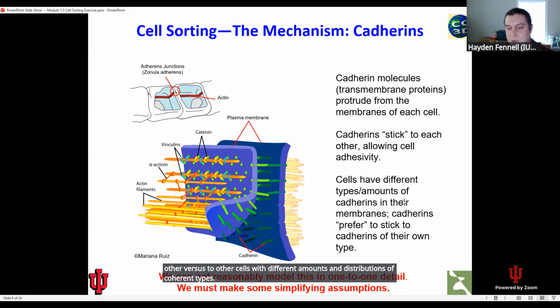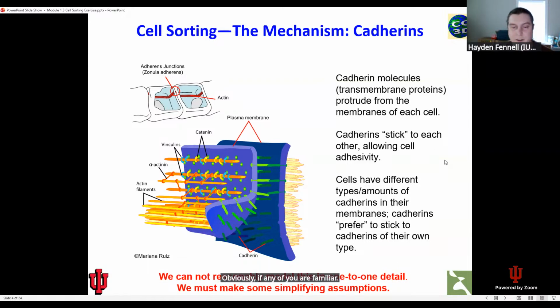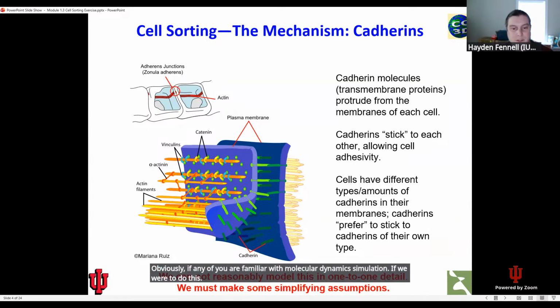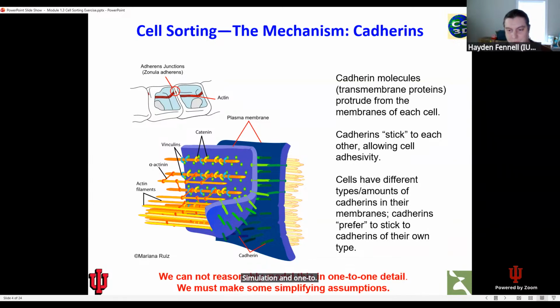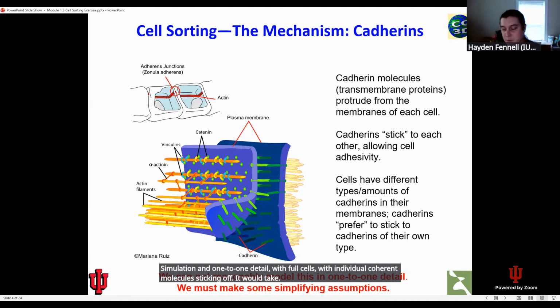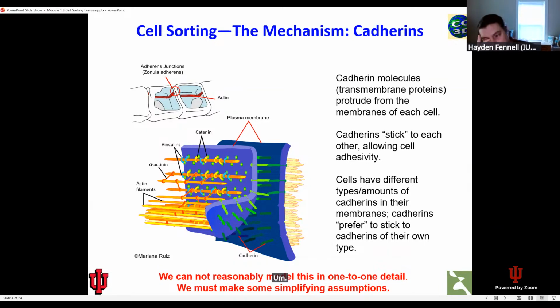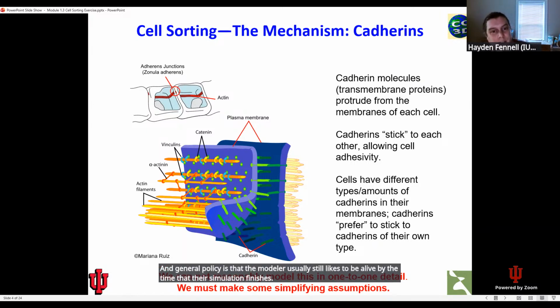Obviously, if any of you are familiar with molecular dynamics simulation, if we were to do this simulation in one-to-one detail with full cells with individual cadherin molecules sticking off, it would take a very, very long time. And general policy is that the modeler usually still likes to be alive by the time that their simulation finishes running.